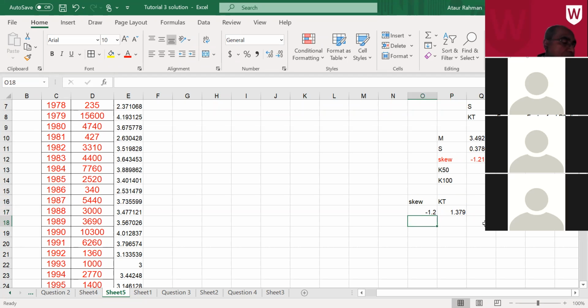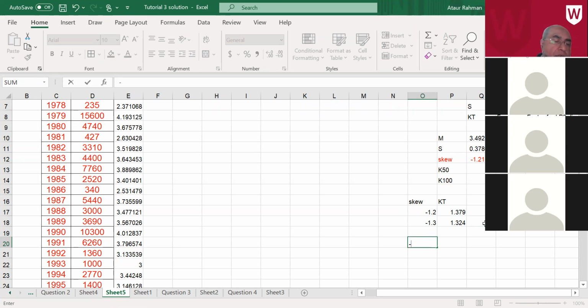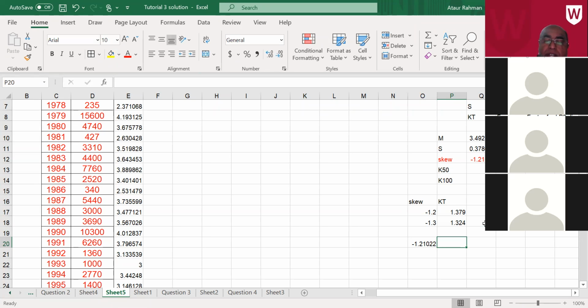And for your skew of minus 1.3, you have 1.324. So the interpolation problem is: when our skew is minus 1.21022, what is our KT value? That is our problem to find.